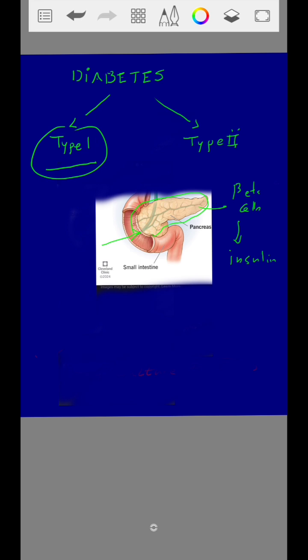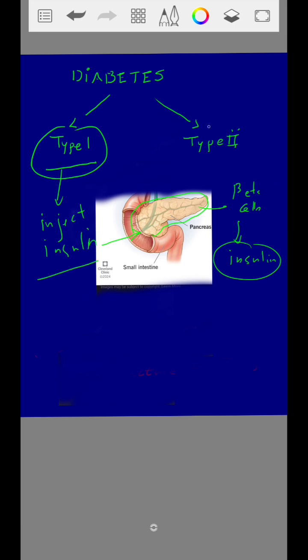By doing that, the person is unable to produce insulin. That's why they get high sugar in their blood. Therefore, the main or the only treatment for type 1 is to inject insulin for the patient.